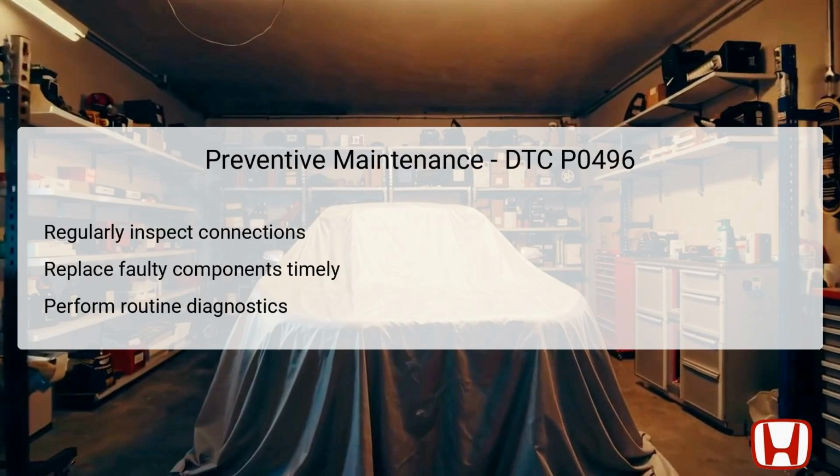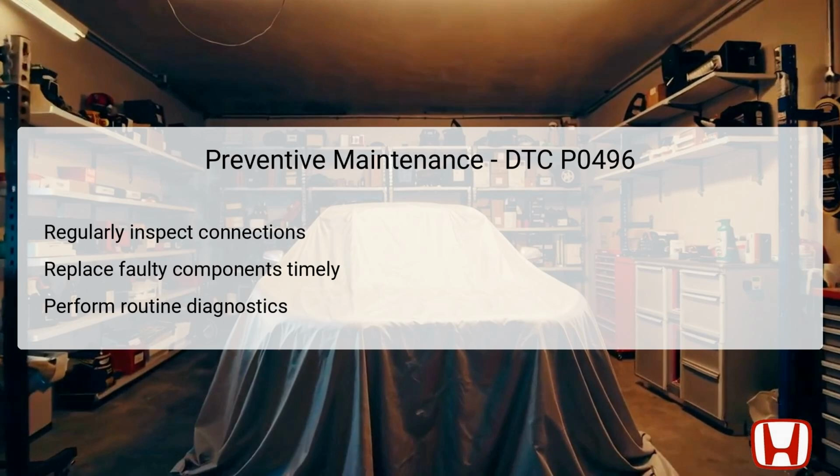To prevent issues such as DTC P0496 from occurring in the future, implementing a standard preventive maintenance program is essential. Regular inspections of the electrical connections related to the EVAP system can mitigate potential problems before they arise. This includes checking the connections at the FTP sensor, the purge valve, and the vent shut valve for signs of wear or corrosion.